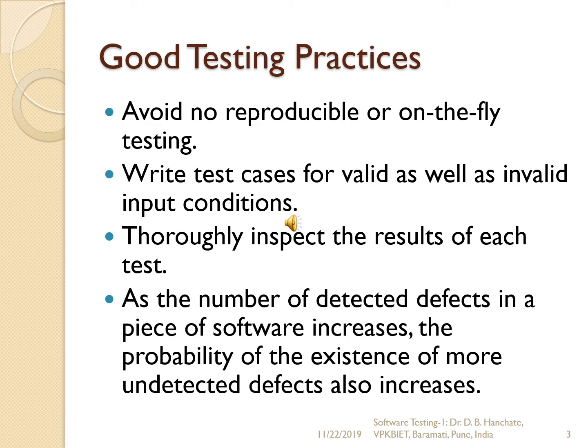Thoroughly inspect the results of each test. When you bifurcate the valid and invalid test cases, inspect the results of each test case, so you can understand which test case is going to be useful and which is going to be a bad one for us. As the number of detected defects in a piece of software increases, the probability of the existence of more undetected defects also increases.